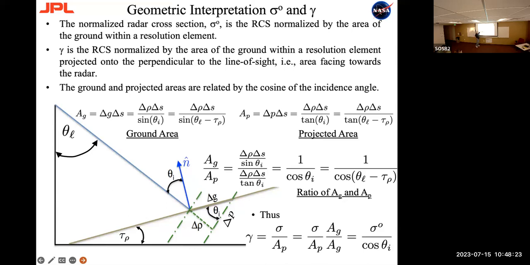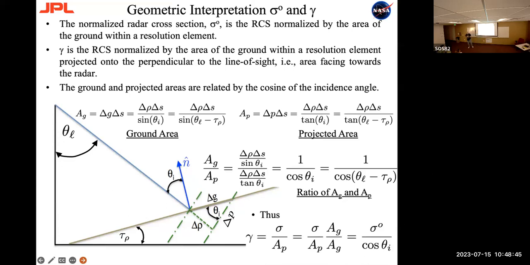But the ground resolution in the cross-track direction will depend upon the range resolution and the local incidence angle, which will depend upon the look angle, theta L, and the slope. So the steeper the slope is, the more that will change this projected area.